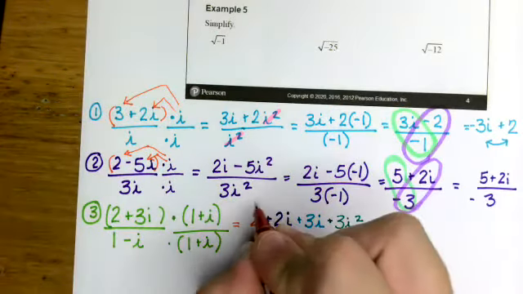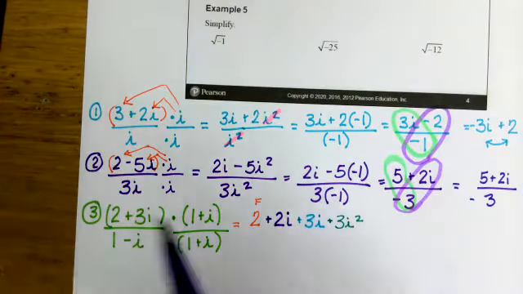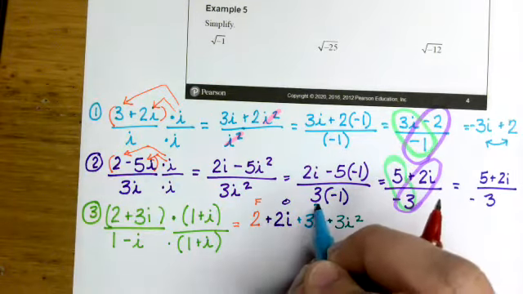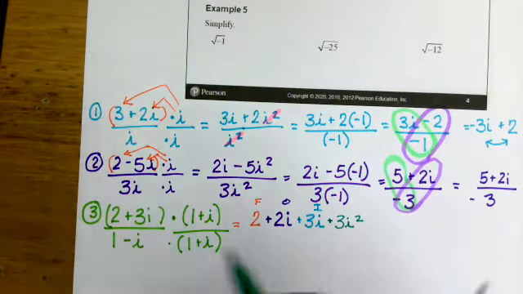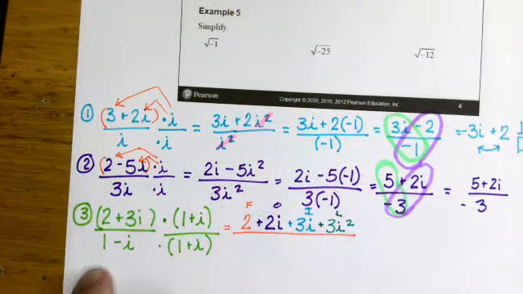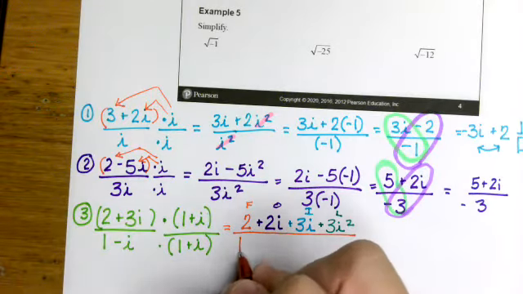So that was first, outside, inside, last. We're going to do that on the bottom too. 1 times 1 is 1.